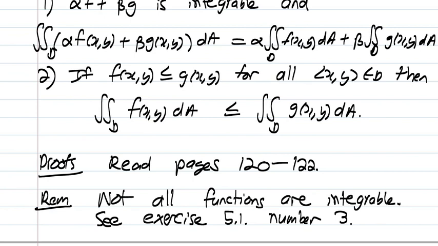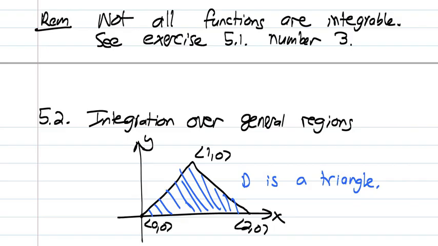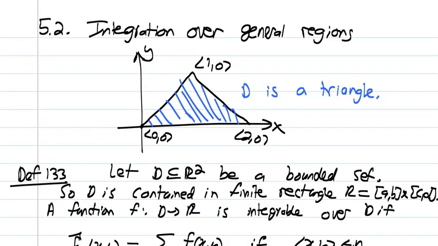All right, so what we've done so far is define, using Riemann sums, the integrability of a function on a rectangle. But as you know, not all regions are rectangles. So we want to continue our discussion by looking at integration over general regions.